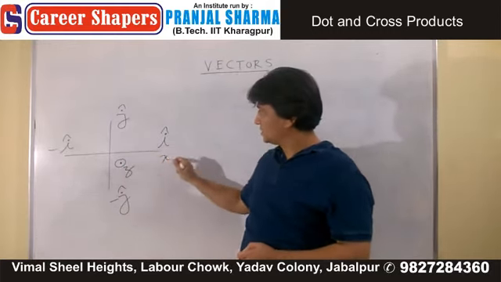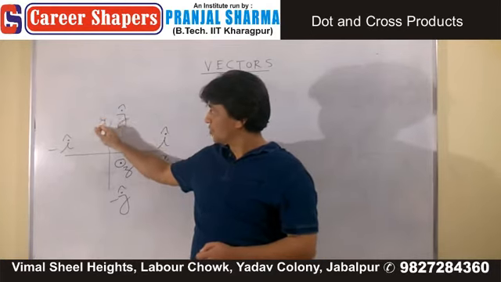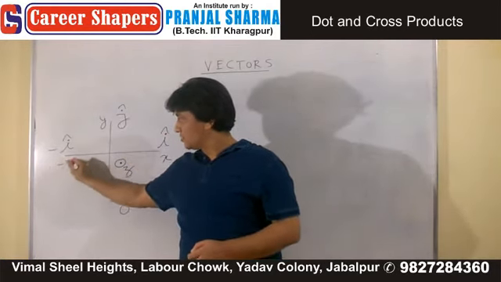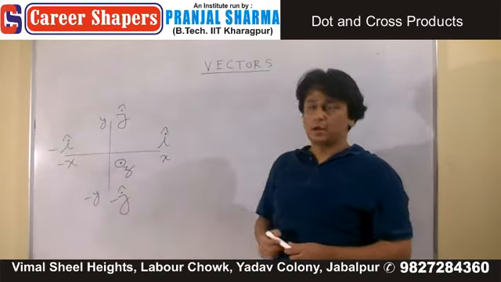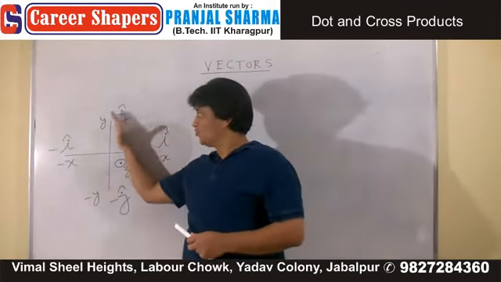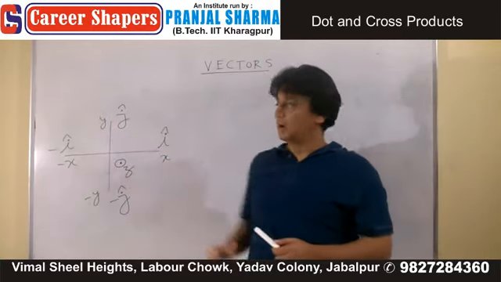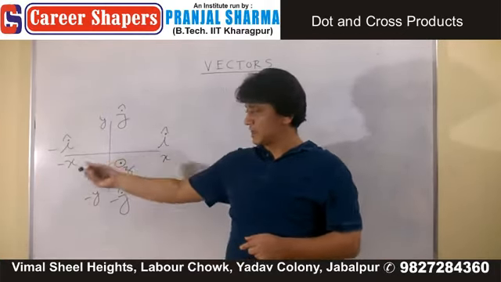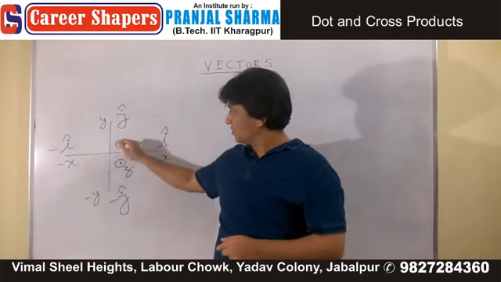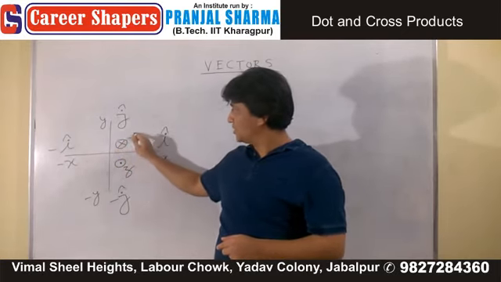This is x, this is y, this is minus x, this is minus y. X, y, z. So out is z. This is z. Then this is minus of z.